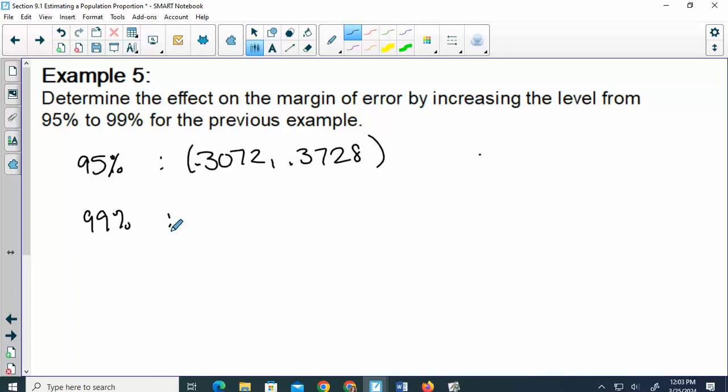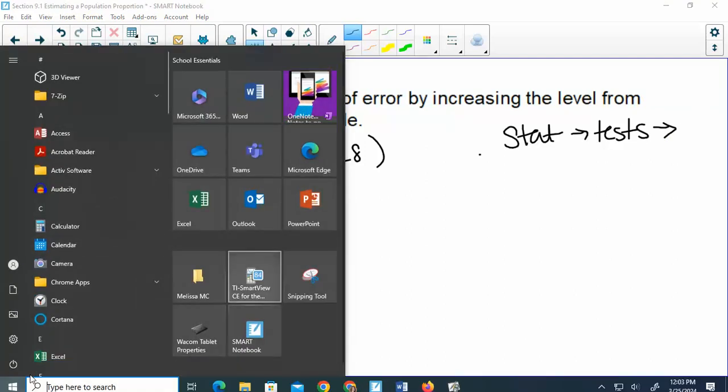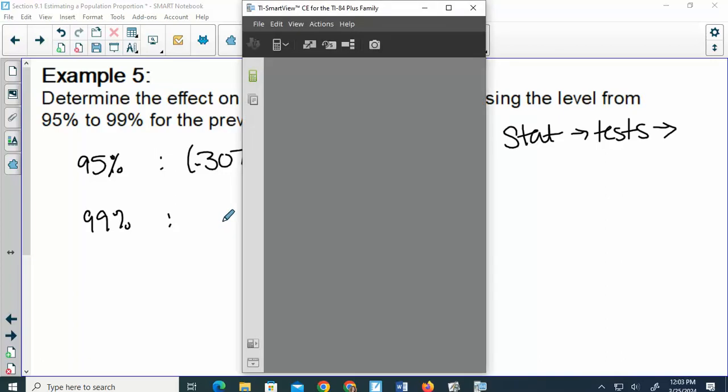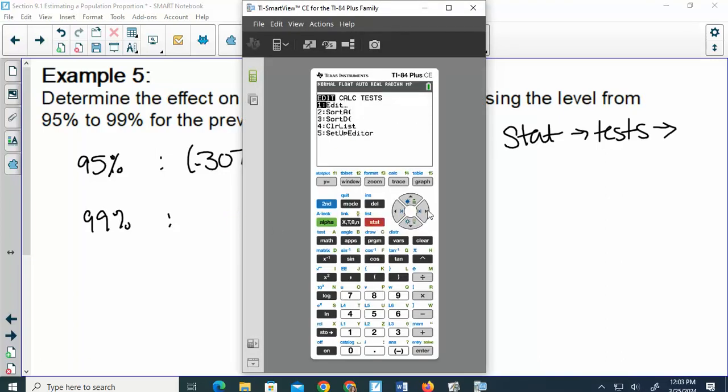Okay. We can use our calculator to get these as well. So you are going to go into your calculator. We're going to go stats, tests, okay, and we're going to have to scroll down.